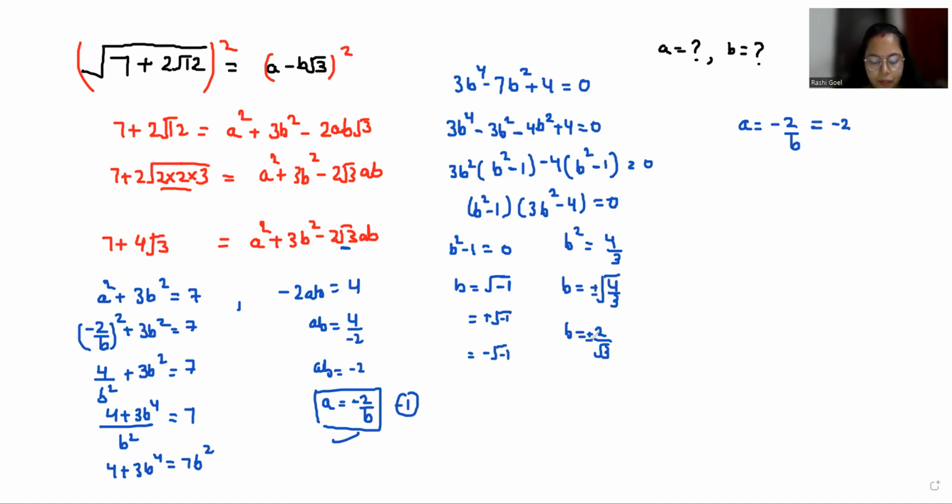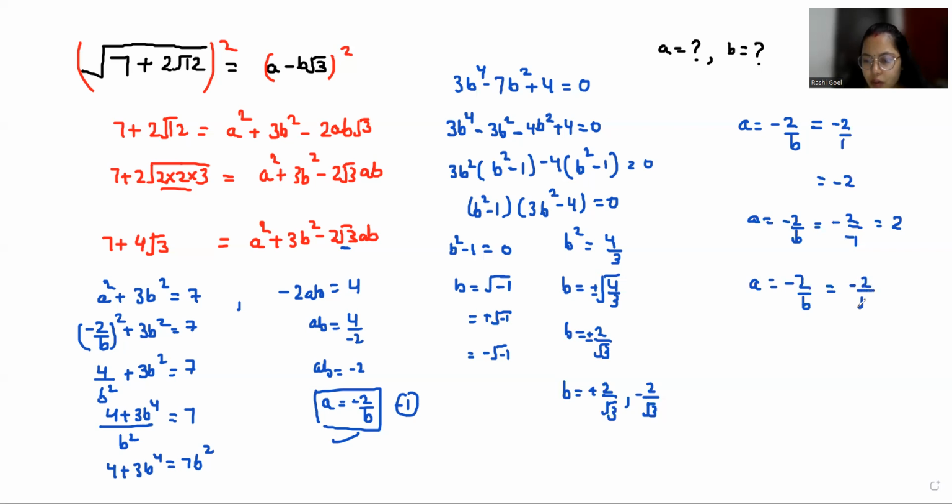Similarly here, b is positive 2 by root 3 and negative 2 by root 3. So if I put b as negative 1, the value of a is negative 2 by negative 1, which gives positive 2. The value of a is positive 2 by root 3.